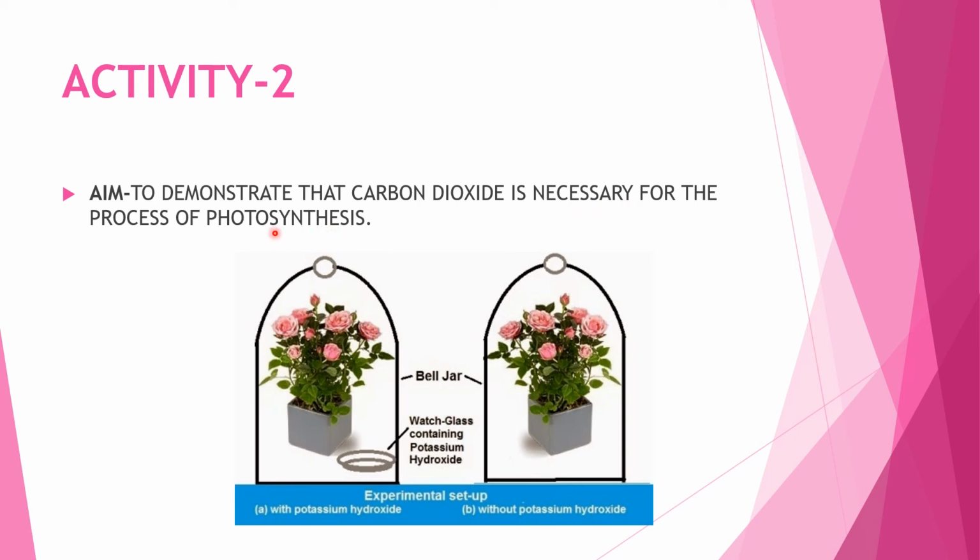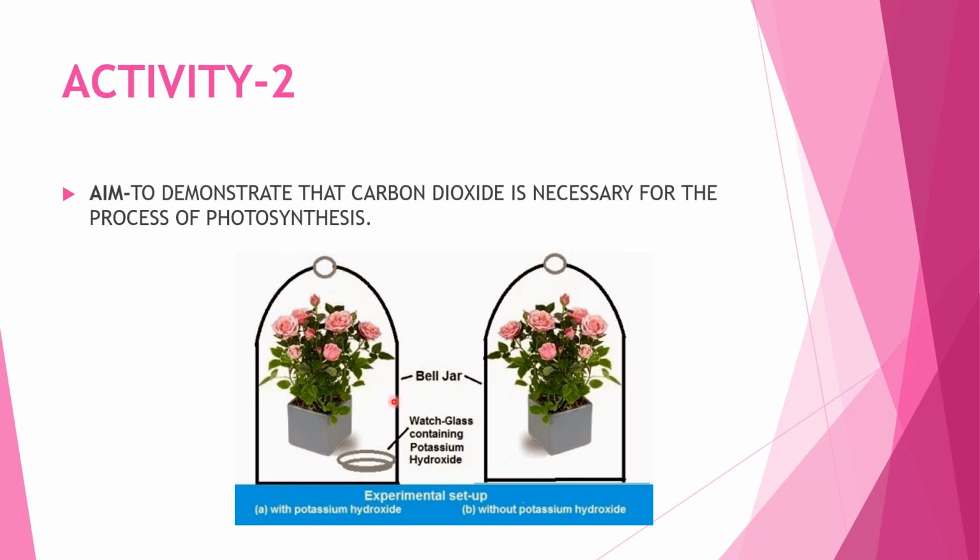and to explain what procedure we have to follow: we select two plants, the same plants, keep them in the dark for 24 hours and then keep them in the sunlight, and we have to make them airtight with bell jars.